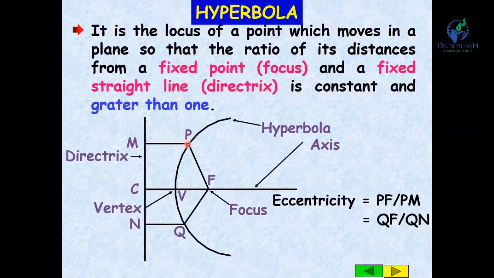If we take the points P and Q on this curve, PF upon PM is equal to QF upon QN and is greater than 1. Now you have to remember that the eccentricity of an ellipse is less than 1, the eccentricity of a parabola is equal to 1, and the eccentricity of a hyperbola is greater than 1.